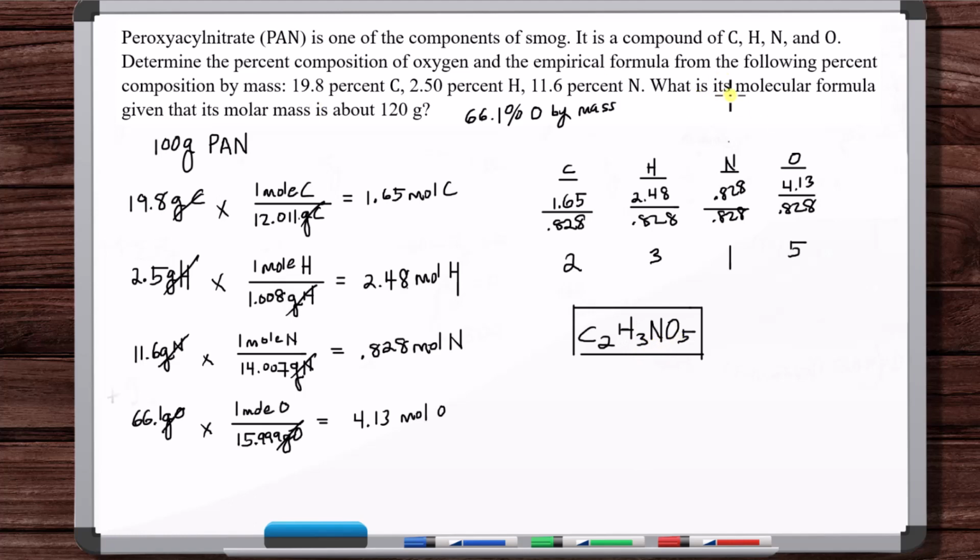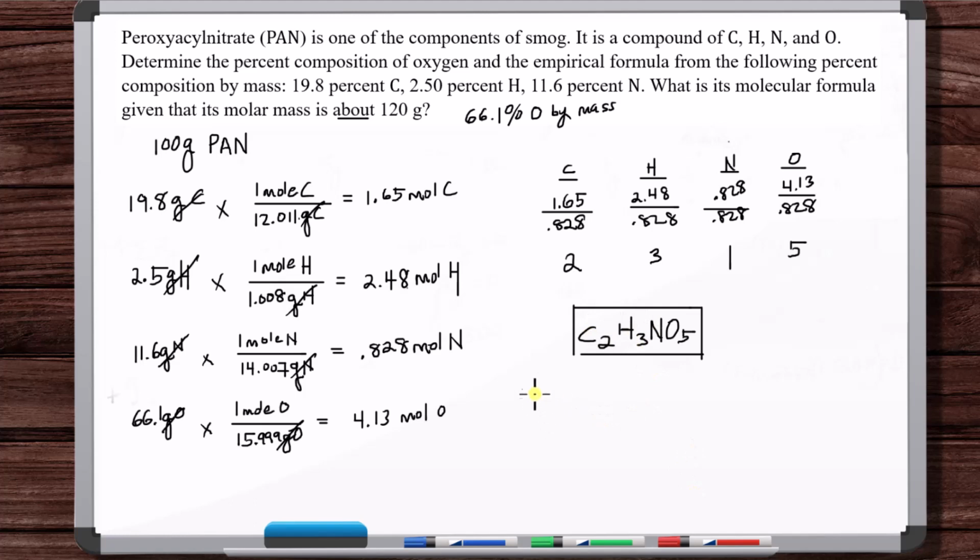So if we want to know its molecular formula, and we know its molar mass is about 120, it doesn't have to be exact, this is what we can do. We take the molar mass of this empirical formula, and if we divide the molar mass of the actual molecule by the empirical molar mass, it has to be close to a whole number. So if it's 2, then we just multiply this by 2 to get the molecular formula.